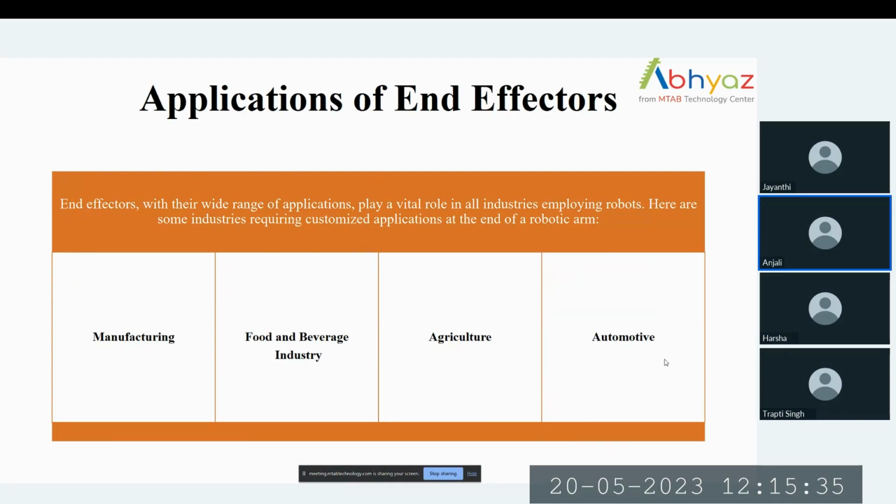The second one is the food and beverage industry. It is used in this industry to automate tasks such as sorting and palletizing. It handles fragile and perishable items with great care, and it can be designed to meet strict hygiene standards. The next one is agriculture.